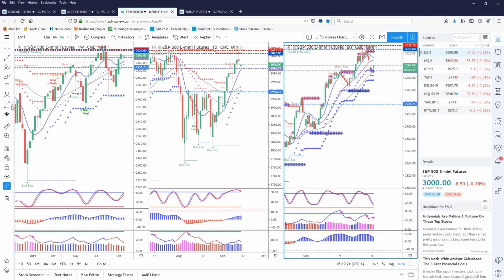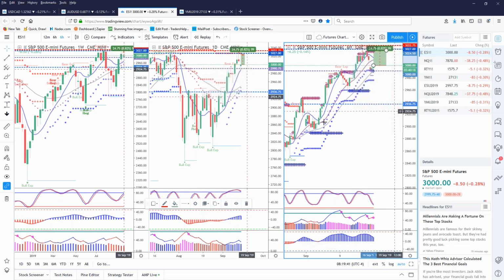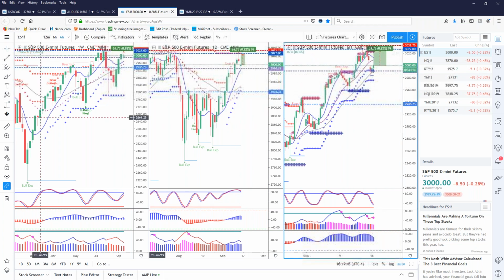Could you take a trade potentially to the upside? Okay. And let's just measure it from where it's at right now, okay? And the first measurement would be 12 points. The next measurement would be about 25 points. I do think it will get up there. Okay. So that would be your profit potential.